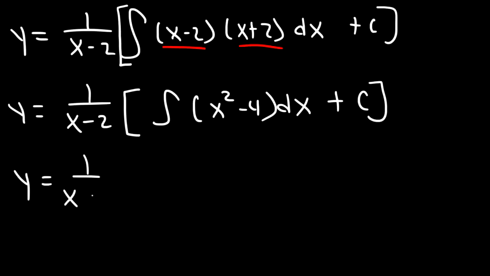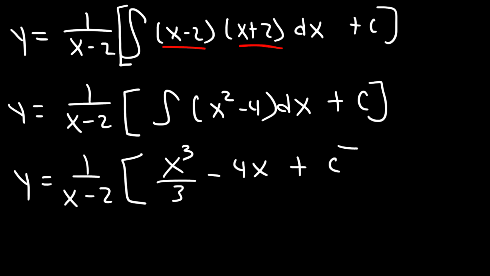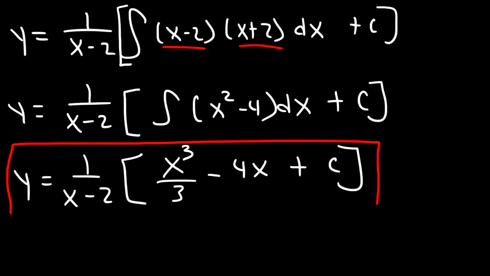And now the antiderivative of x squared is x cubed over 3, and the antiderivative of 4 is 4x. So this is the final answer. That's the solution to the differential equation.